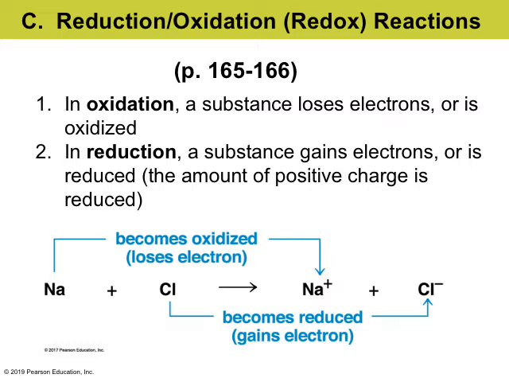So the fact that it lost an electron, sodium is the substance that is oxidized, and chlorine takes on that extra electron, so it has been reduced. And this is in chapter 9, page 165, 166 of your books.